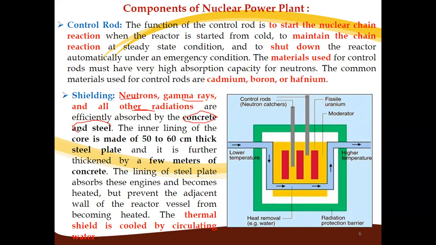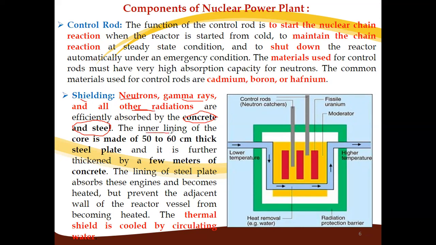So the shielding is required around the nuclear core, or we can say the pressure vessel, by means of this concrete and steel, so that the neutrons, gamma rays, and all other radiations do not travel outside the nuclear reactor.